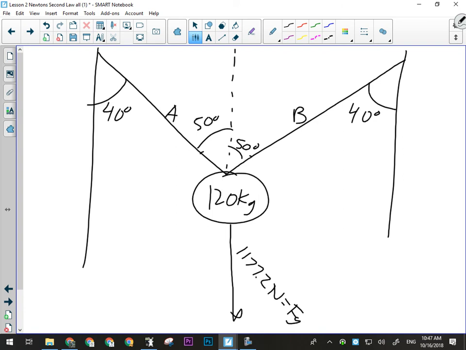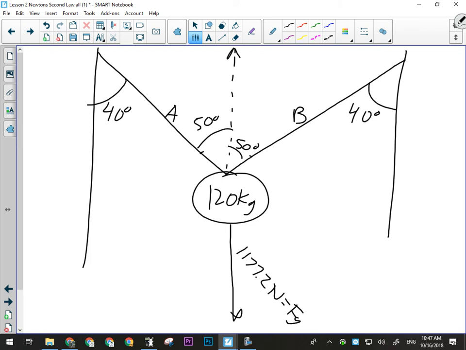They correctly said that there has to be an upward force that balances this 1177.2 newtons. But remember that there are two cables. Each one of them is holding how much of that 1177 newtons? Half of it. If each cable was pulling up with that much, the sign would be flying upwards, because there would be twice as much force upwards as there is downwards.